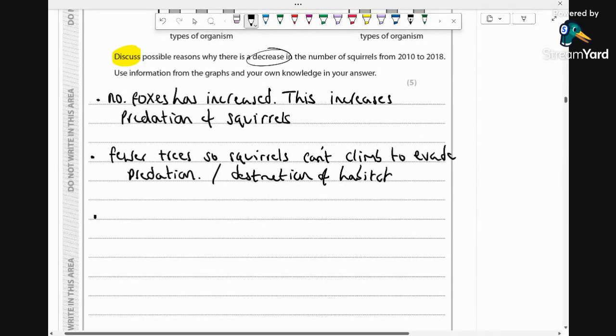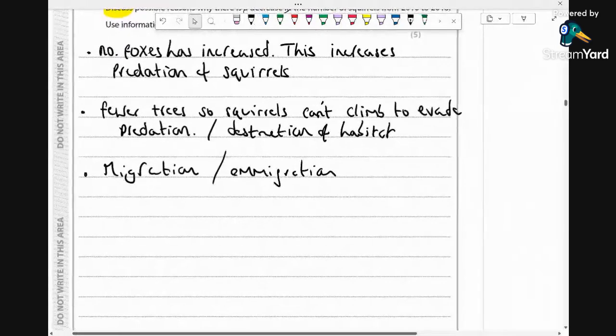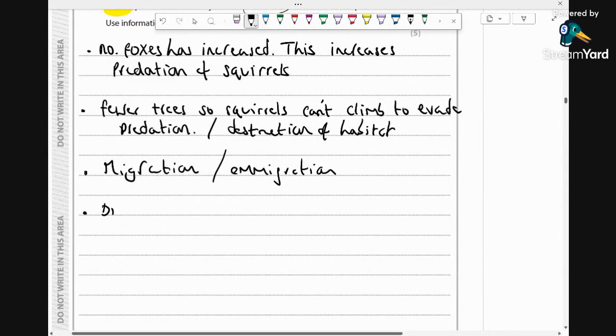We can now use our own knowledge as well. So why would the number of any organism decrease? I would say that there could be migration, typically emigration of the squirrels. There could be disease that kills the squirrels.